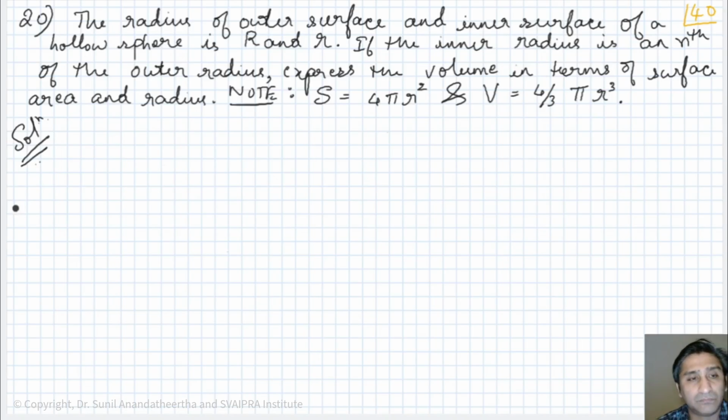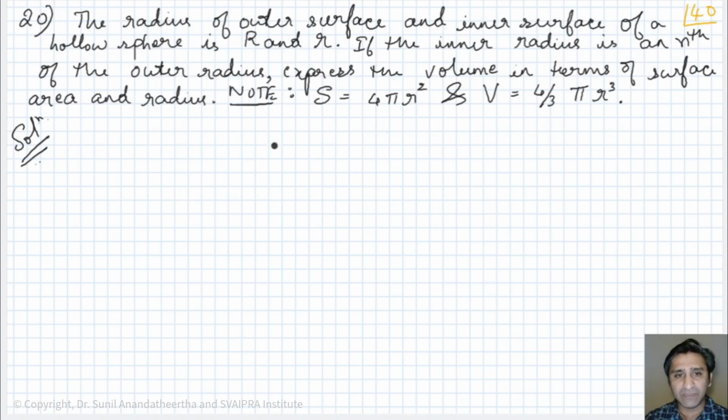Okay, right, what we have here is a worded problem. The radius of the outer surface and inner surface of a hollow sphere is capital R and small r respectively. That means we have a hollow sphere, the outer radius is capital R, the inner radius is small r. If the inner radius of the sphere is an nth of the outer radius, express the volume in terms of the surface area and the radius.